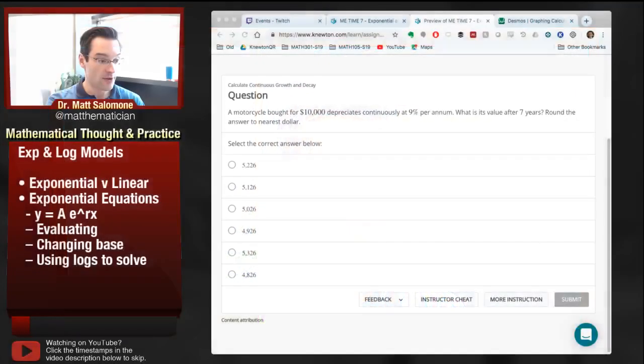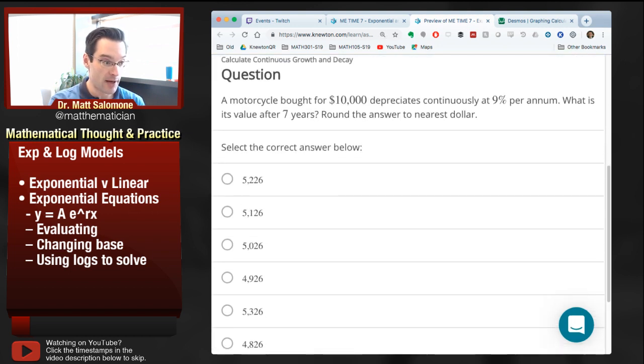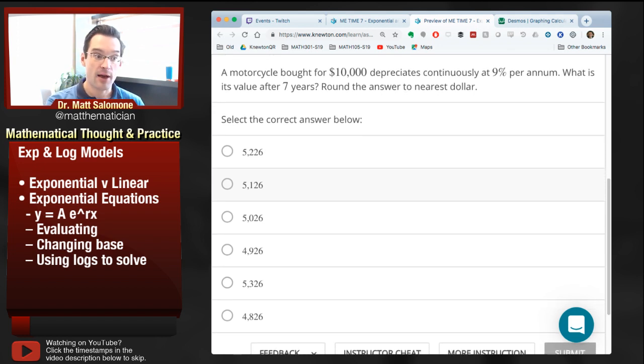So the typical kind of problems that we would like to be able to solve this week are problems that look like this. This is an example taken from one of the me time assignments that I set up in Newton Alta. Let me zoom in a little bit so we can read it better. So in this example, we have a motorcycle which was bought for $10,000. And as soon as you buy a physical asset, it tends to start losing its value, both by virtue of time passing as well as by virtue of its use.